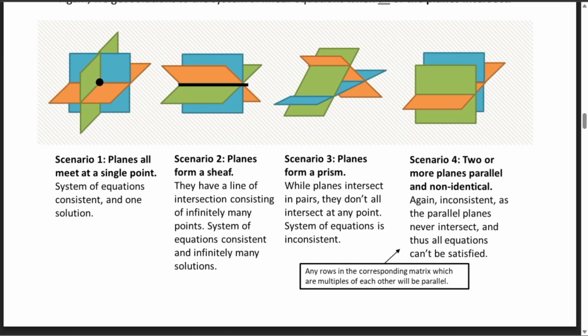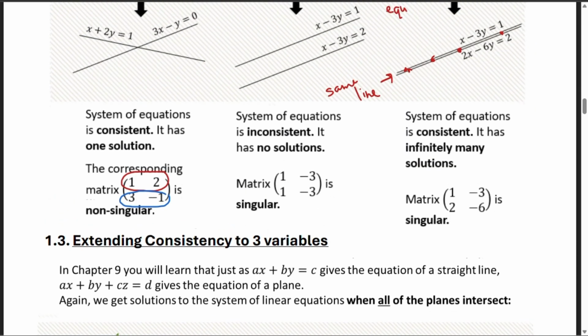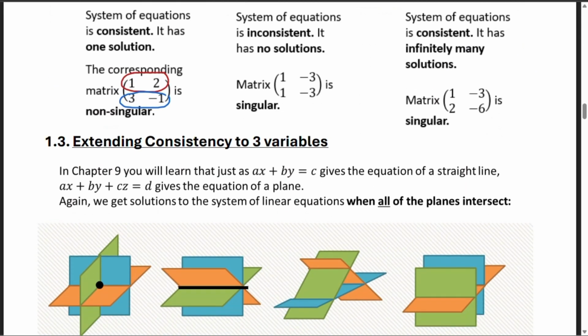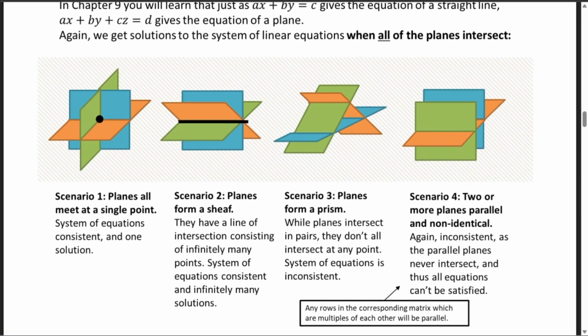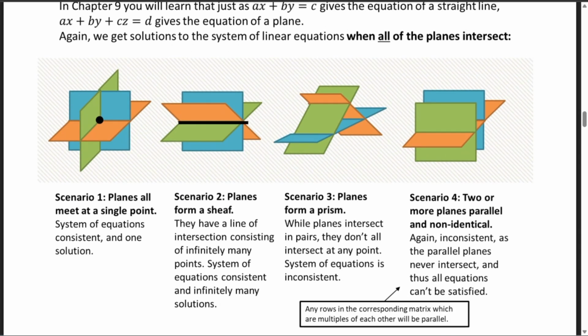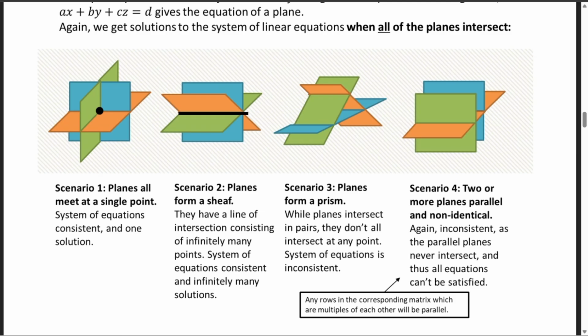So we have scenario 1, which is basically the equivalent of the first one on here, where all the planes, they're called planes now because they're in 3 dimensions, not lines, all meet at a single point. So we have 3 planes here, and that black dot is where they all intersect. So that means, first of all, are they consistent? Yes, they are.